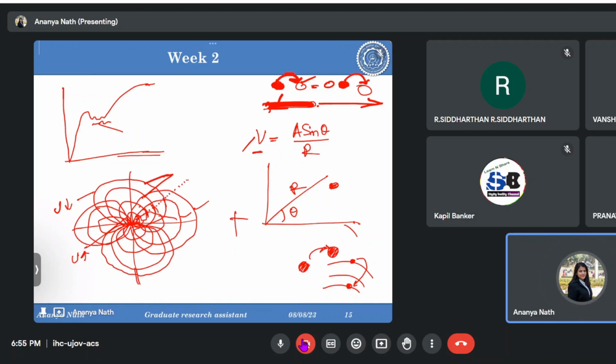Okay. Any other thing? So this was in lecture 5, I think, Cottrell-Bilby.